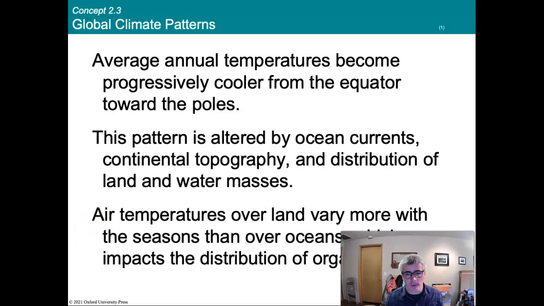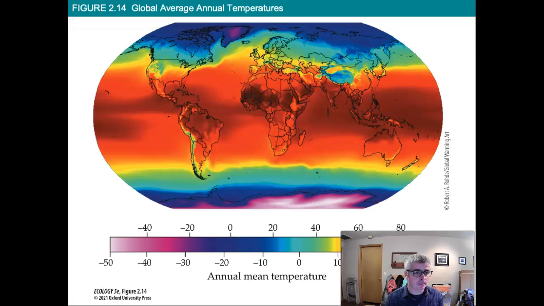And the air temperature over land can vary more than in more coastal areas. Again, using the eastern and western Washington example, because of our proximity to the water, our climate's more tempered than it would be at the same latitude in eastern Washington.